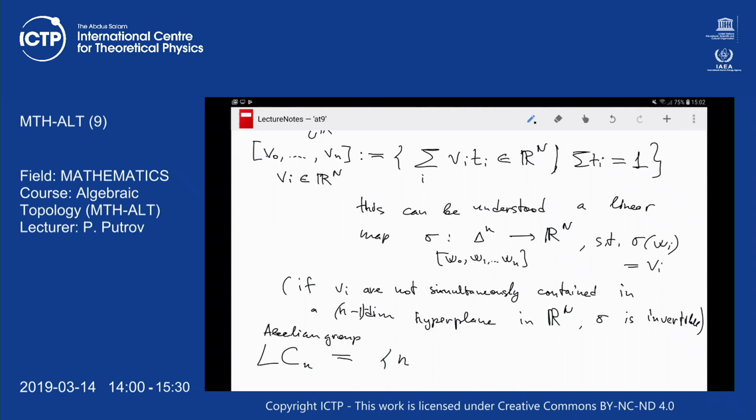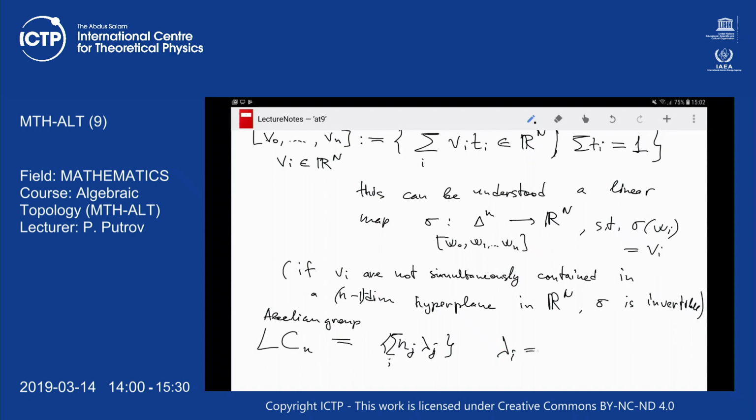This will be a group which contains formal linear combinations of lambda j's, where each lambda j in the linear combination is a subspace of Rn in this form, with some coefficients in R. So again, I can understand this as possibly degenerate.